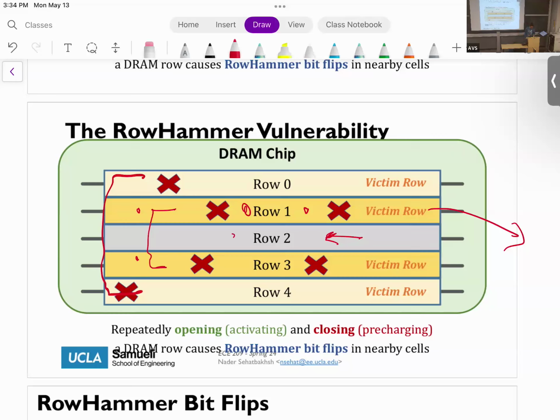They can only change values in this row because this belongs to them, okay? But it happens to be mapped next to a victim row. So as I innocently just read and write to my own rows, I'm actually impacting the victim. Okay.